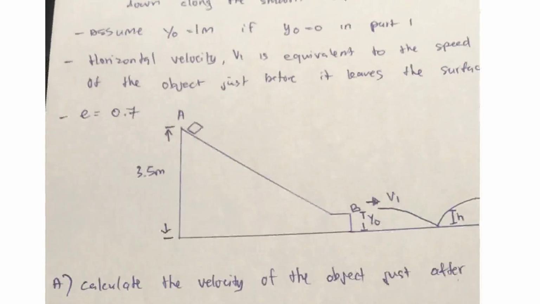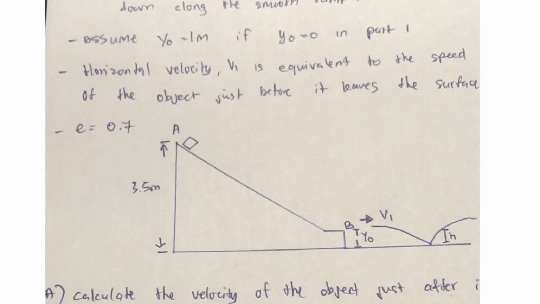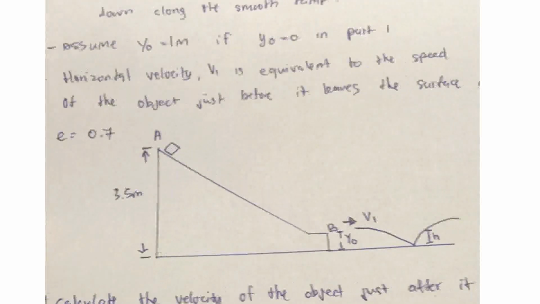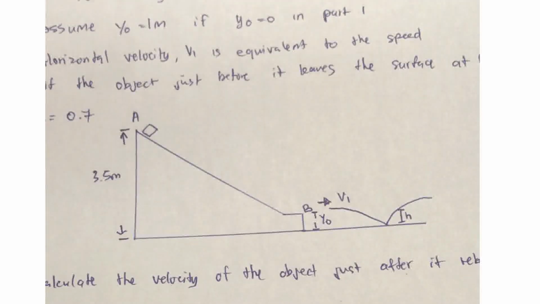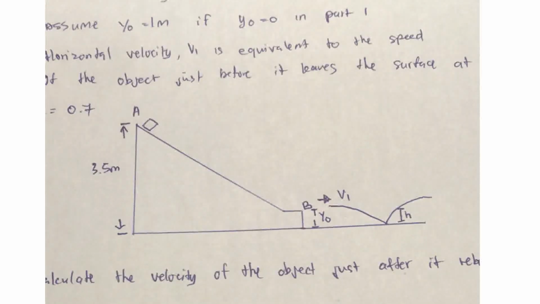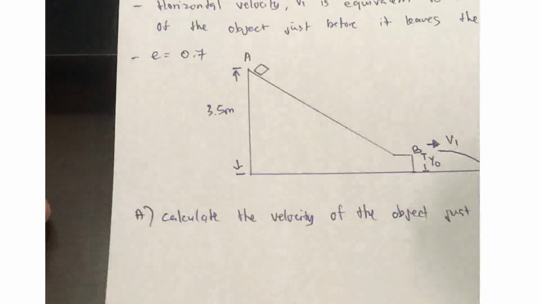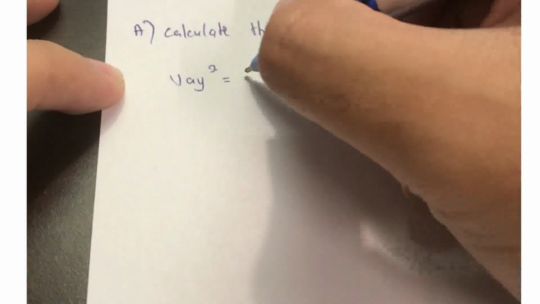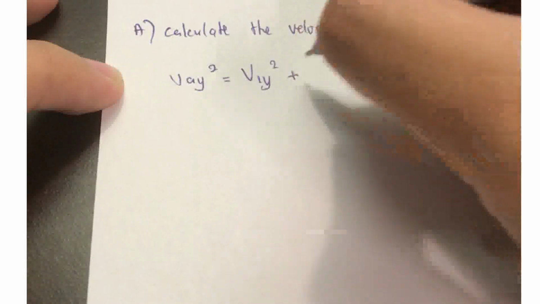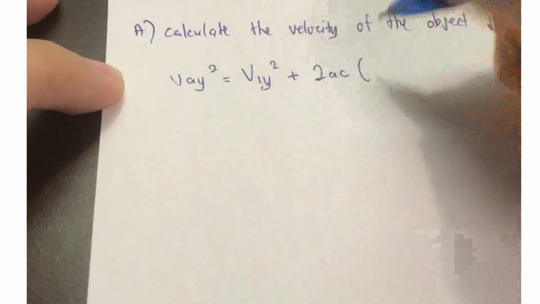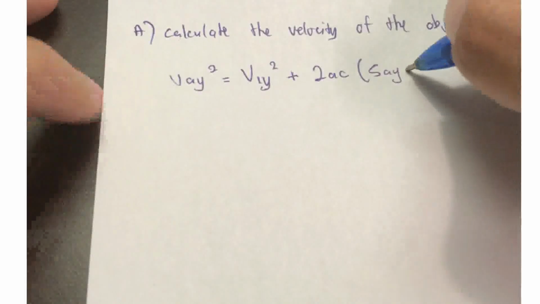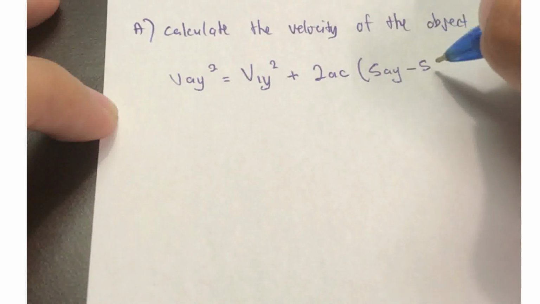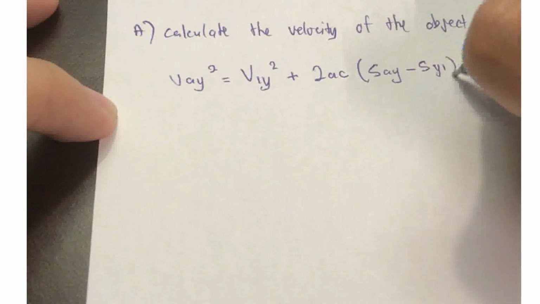Okay, so for question number 2, we assume that if y naught is 0 in part 1, y naught is 1 meter in part 2. So for question A, calculate the velocity of the object just after it rebounds from the ground. We are using this equation: Vay squared equals V1y squared plus 2ac times (Say minus Sy1).